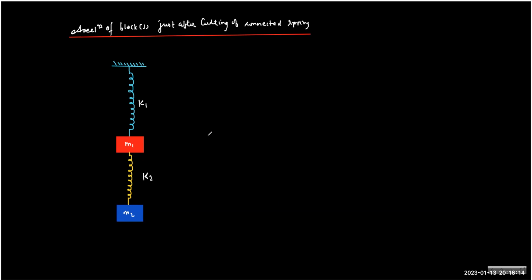So what is the FBD of the M1? If K1 is elongated, then the spring force will be upward, K1 X1, or you can simply say F SP1, whatever you want. The gravity will pull down, and the spring which is below is also elongated.